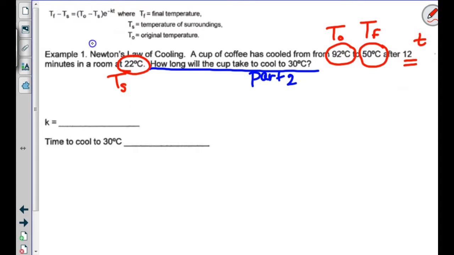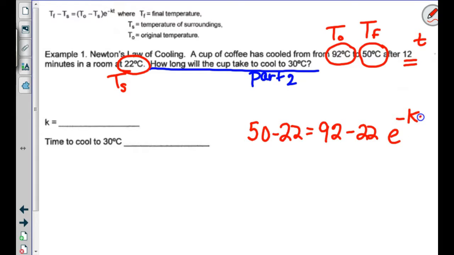If I plug all those in, it says the final temperature minus the surroundings is equal to the original temperature minus the surroundings, times e to the negative K times t, which is 12 minutes. This is a quantity, this is a quantity, and it's multiplied by this, and all of this is up in the exponent.